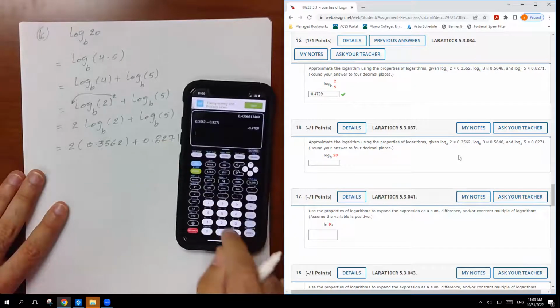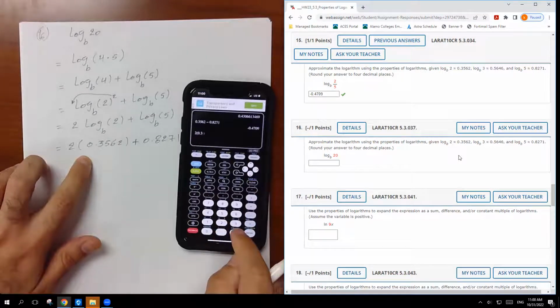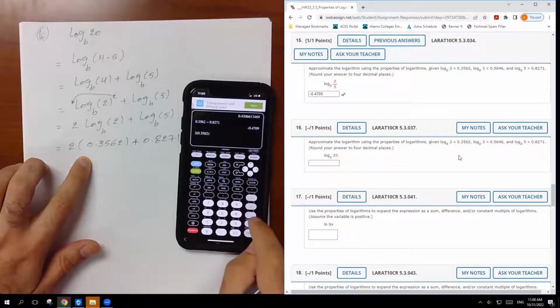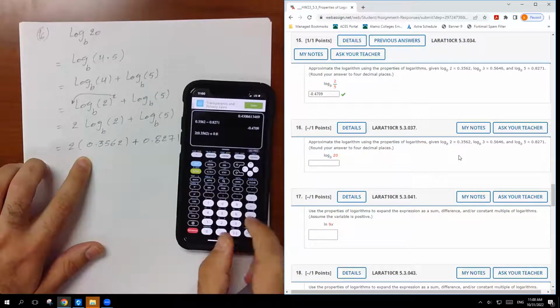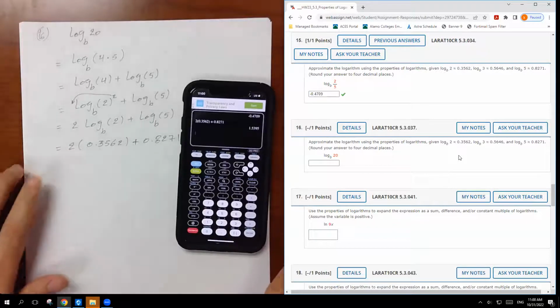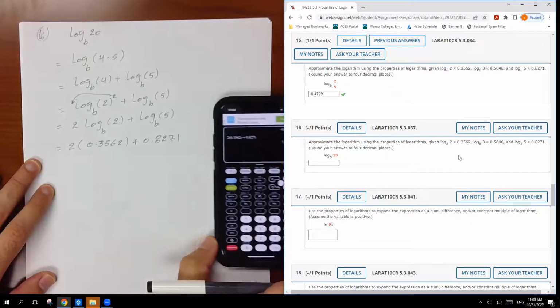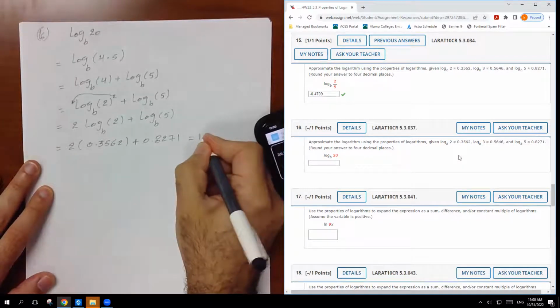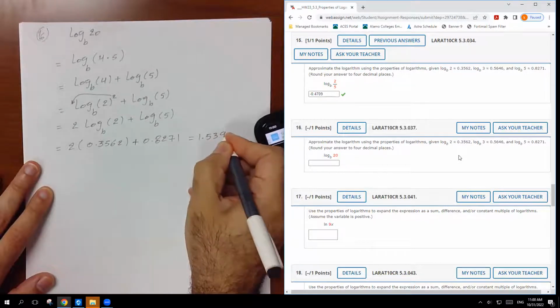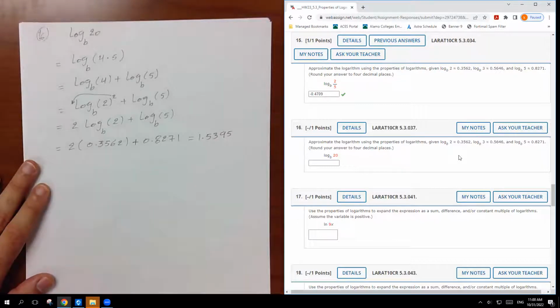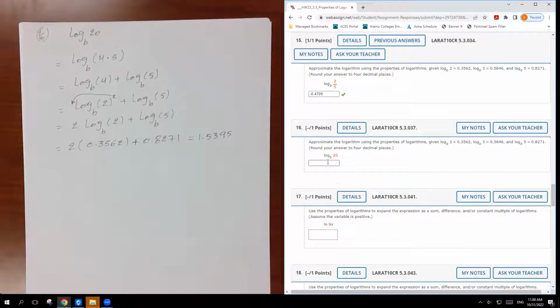So that means it's going to be 2 times 0.3562 plus 0.8271. And the result is going to be 1.5395 for four decimal places. So we're just going to type here 1.5395. That's it for this example.